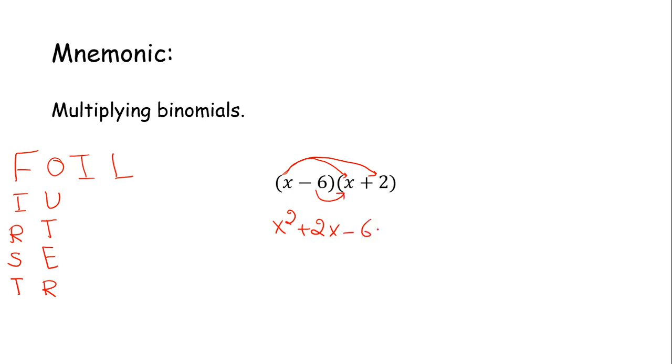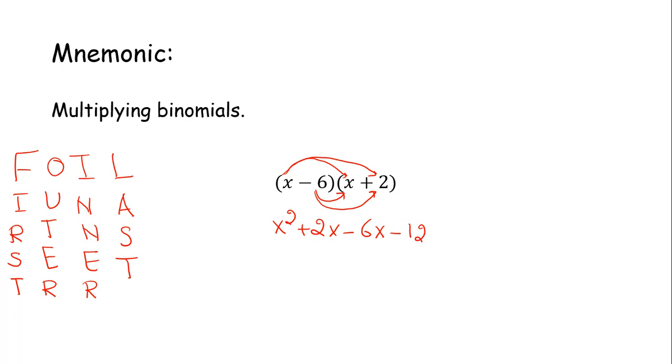So negative 6x. Negative 6 is the inner, x is the inner. So this is why we call I for inner. Then we multiply negative 6 times positive 2, which is negative 12. Negative 6 is the last, 2 is the last, so we call it L for last.